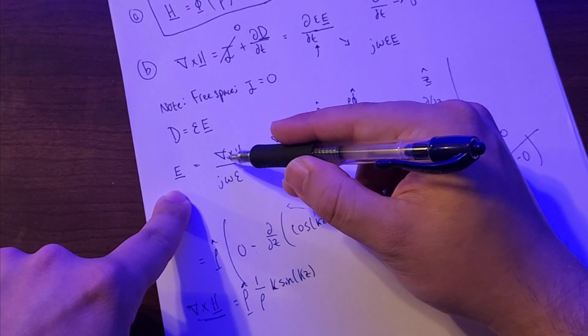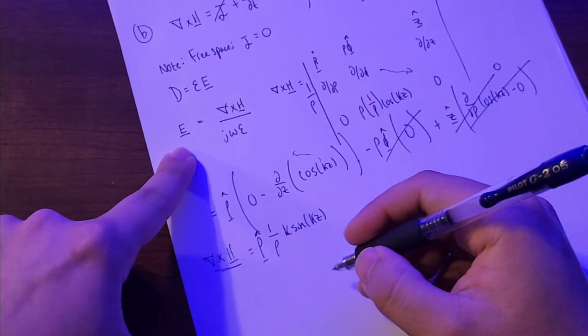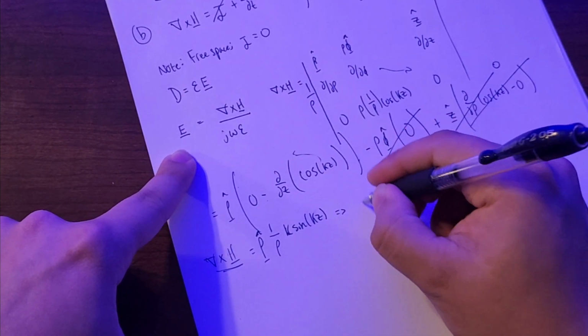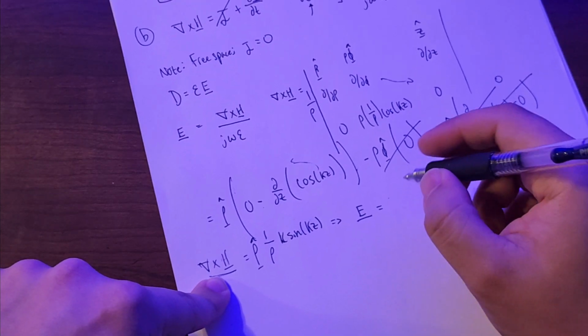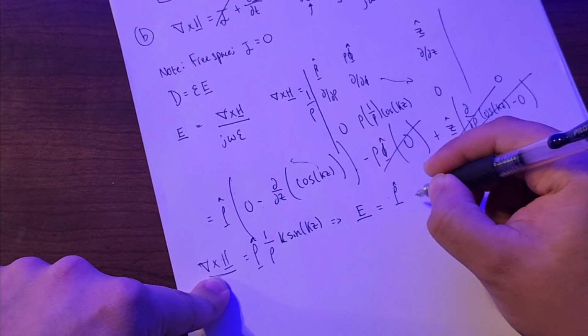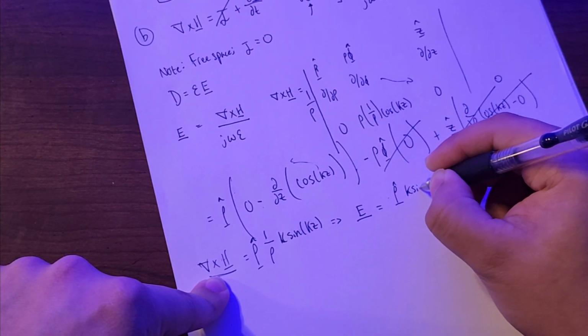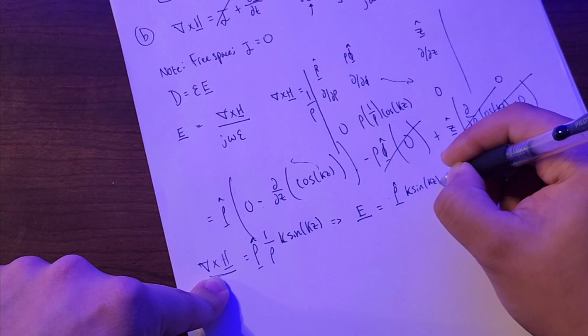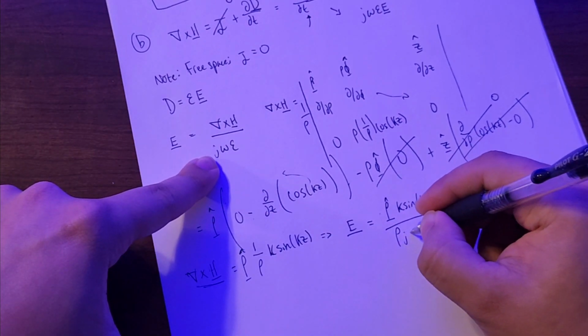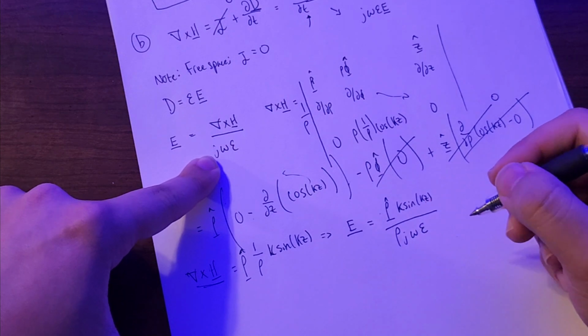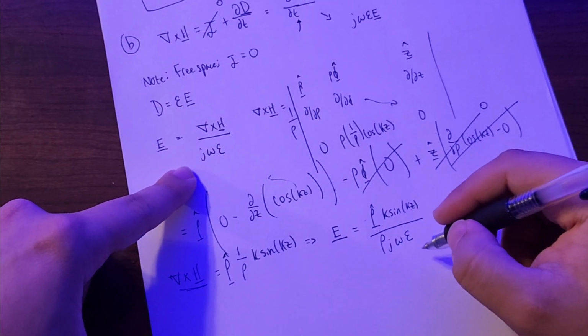Look at this equation here. We have our curl over. So what this is saying is that the electric field vector is this. So we can say rho hat k sine of kz divided by rho j omega epsilon. Now, we don't know what epsilon is.